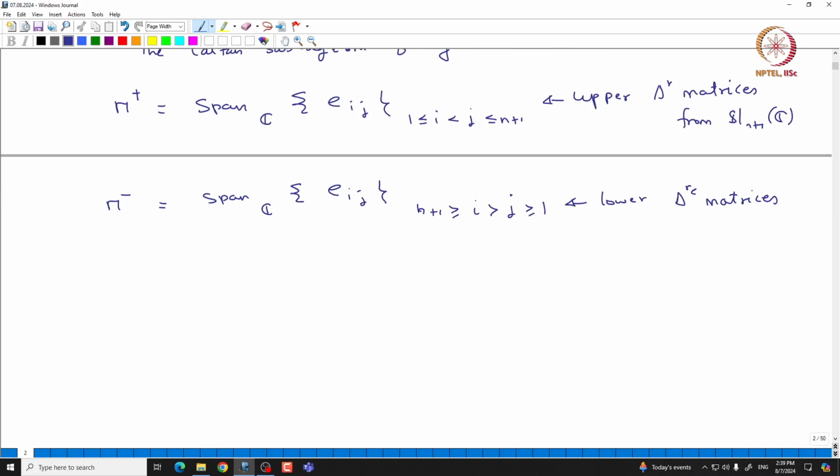As Lie algebras, if you know what a solvable Lie algebra is, both n plus and n minus are solvable. Indeed, they are isomorphic. There is a natural isomorphism which takes a given A to minus A transpose. So, this defines n plus as naturally isomorphic to n minus as Lie algebras. Indeed, they are nilpotent Lie algebras.